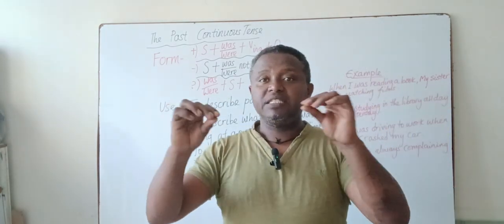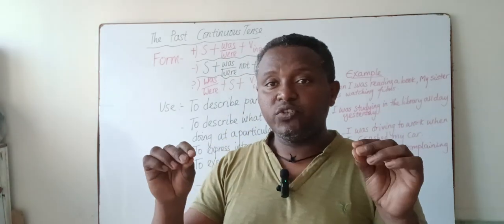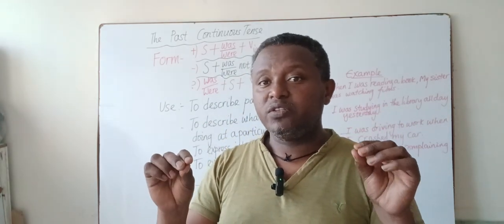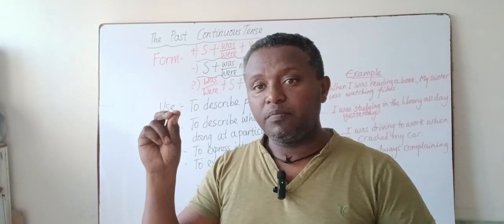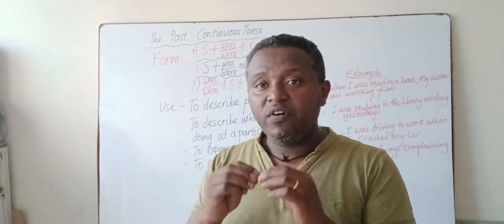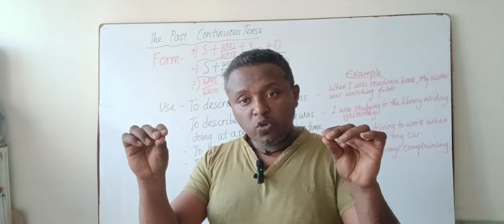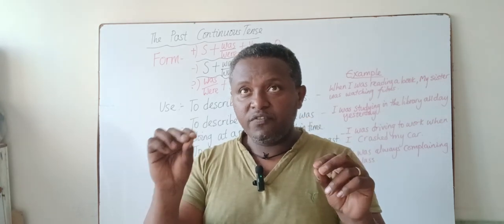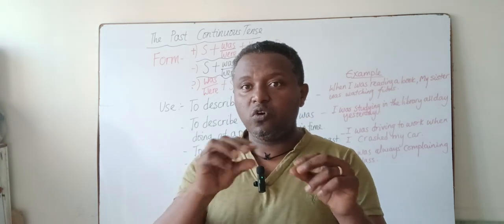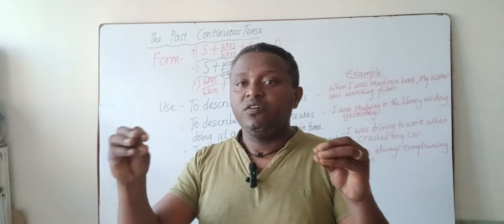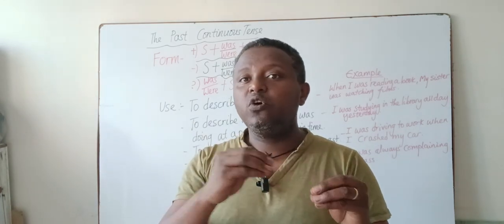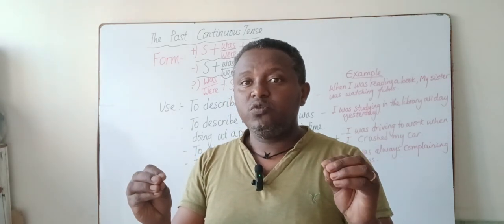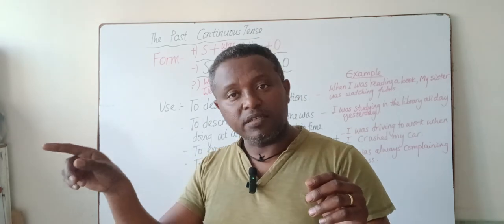So generally, the past continuous tense in relation to the past simple: if you are given two verbs in a sentence and asked to distinguish whether to use the past simple or the past continuous, I advise you first to look at the verbs and identify the verb that can be in process or that can take longer time. For the verb that takes longer time, use the past continuous.